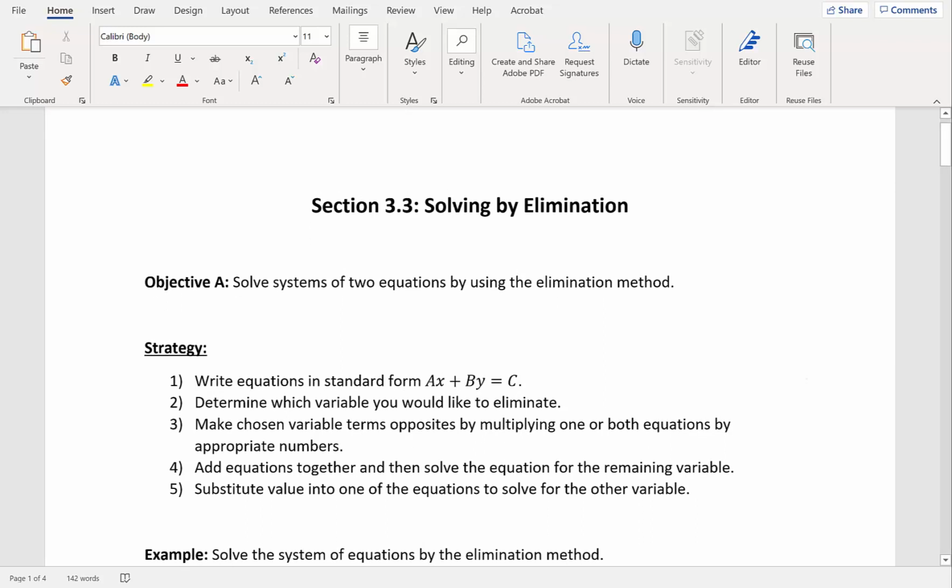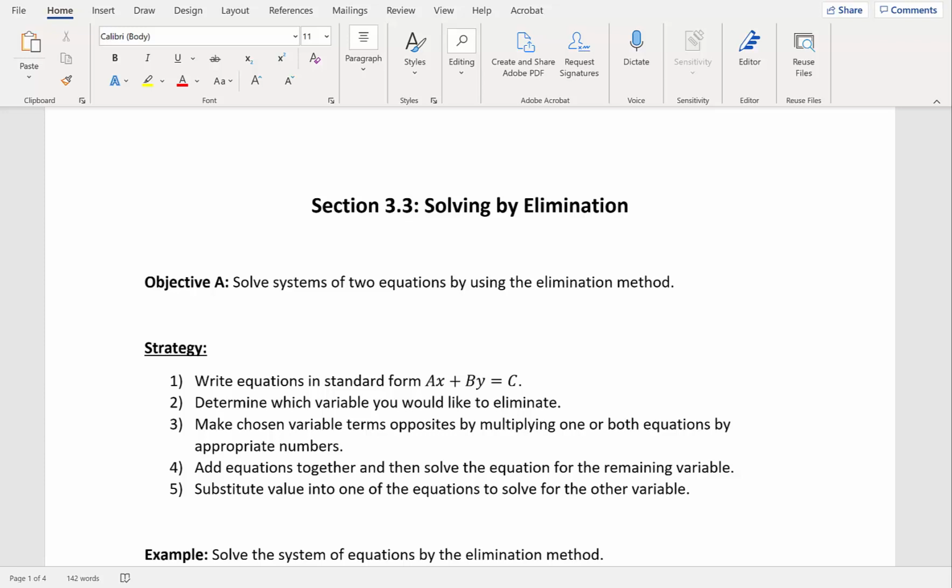Now, the strategy here is first, you're going to write the equations in standard form, which is ax plus by equals c. So you'll get your variables on one side and the constant on the other side. Step 2, you're going to determine which variable you would like to eliminate. Then you're going to make the chosen variable terms opposites by multiplying one or both equations by appropriate numbers.